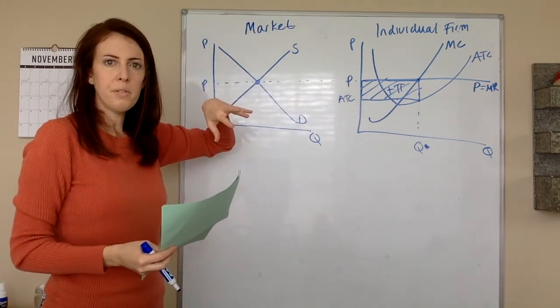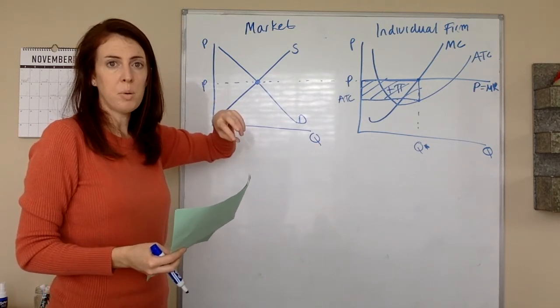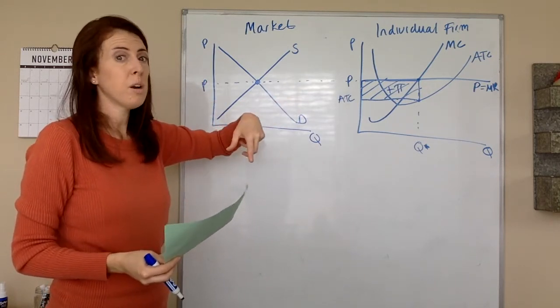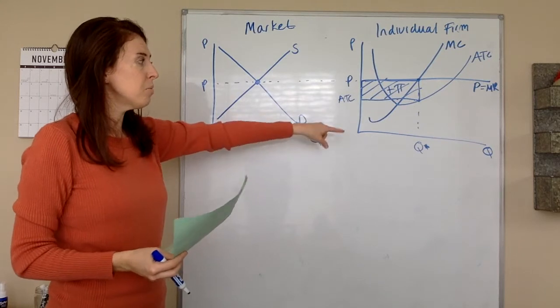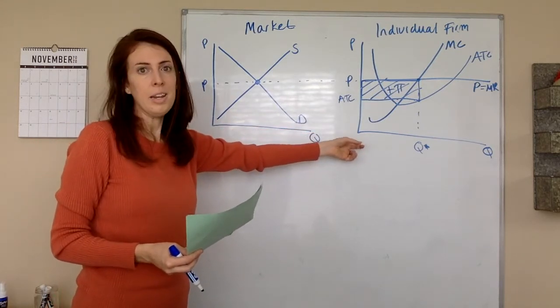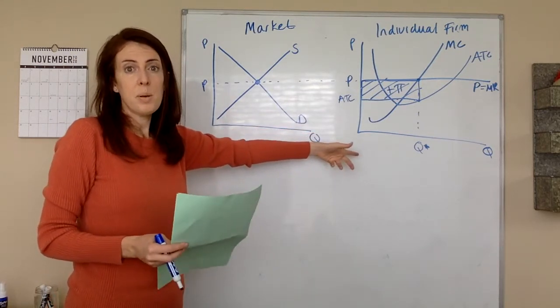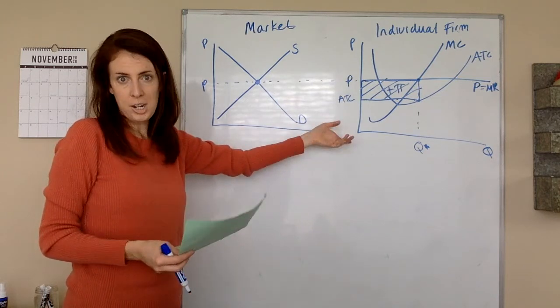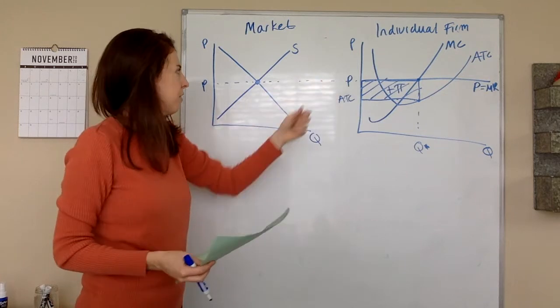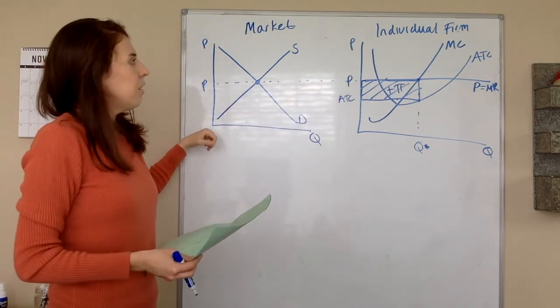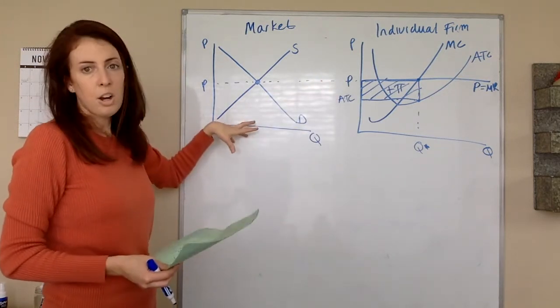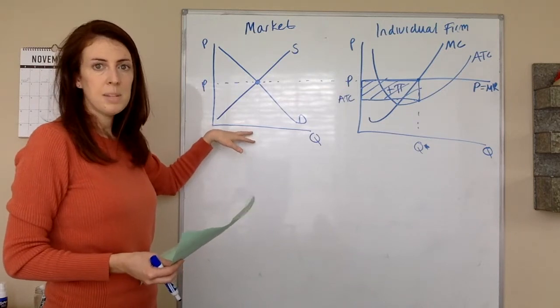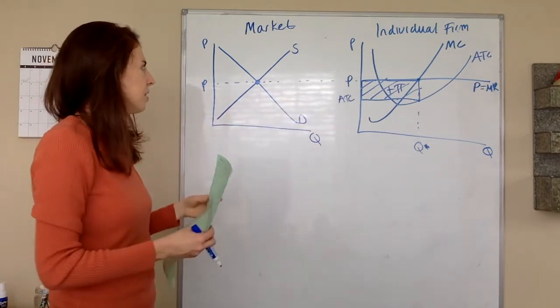Recall one of the defining characteristics of perfectly competitive markets is that there's free entry and exit to the market. So if in this market all the concrete companies are making money, then you might anticipate that people would say, I want to open up a concrete shop too because they're making positive profit.